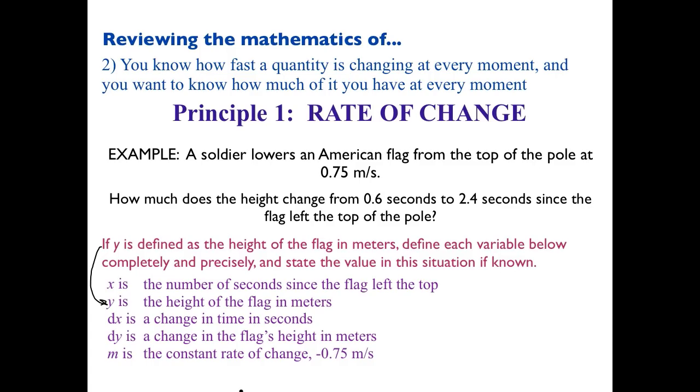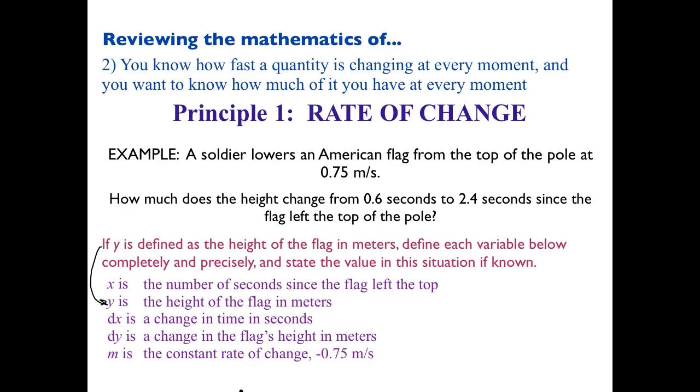Do we know what x is in the situation? Do we know the value of x? Yeah, exactly. So yes, we do know. We do know that our starting x is 0.6, and our final x is 2.4. So really, x takes on all those values.